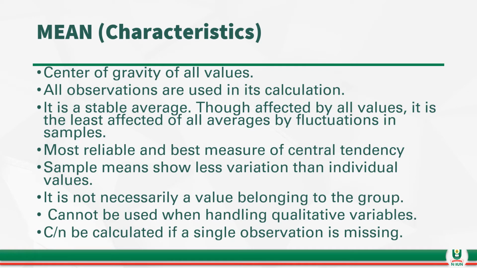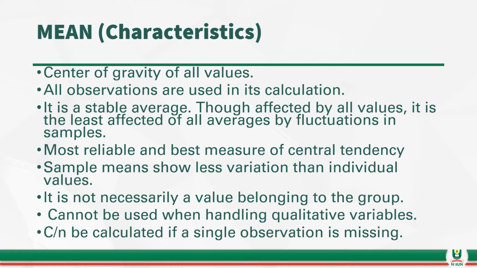The mean. What are the characteristics of the mean? Mean is usually the center of gravity, the average. All observations are used in its calculation, and it's affected by all values, and also affected by fluctuations in samples.